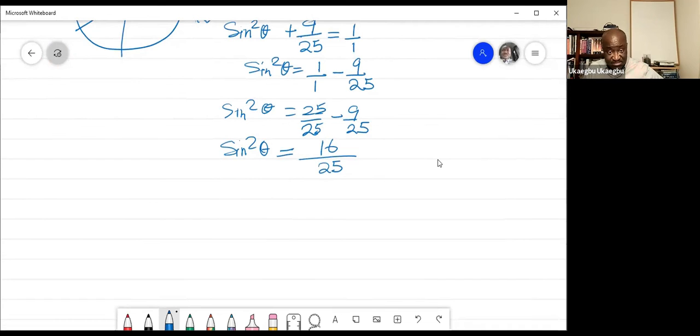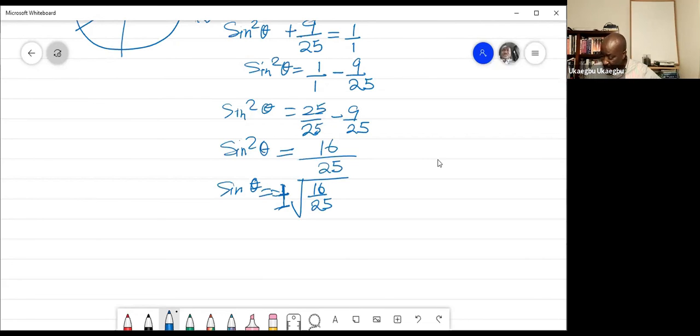Now, for us to get the sine theta itself, which is what is being requested, you take a square root of 16 over 25, and it's actually plus or minus. Whenever you take a square root, you are going to get 2 possible answers, either a positive answer or a negative answer.